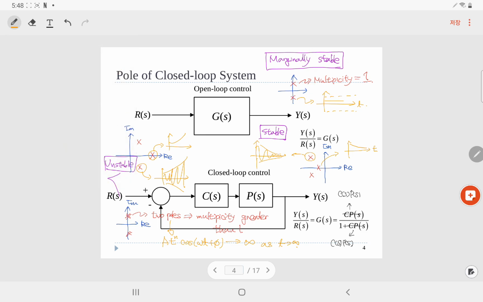So the system response will oscillate within a certain boundary. This response is called the marginally stable response of the system.